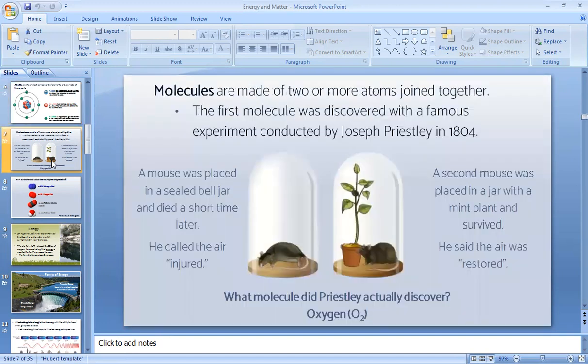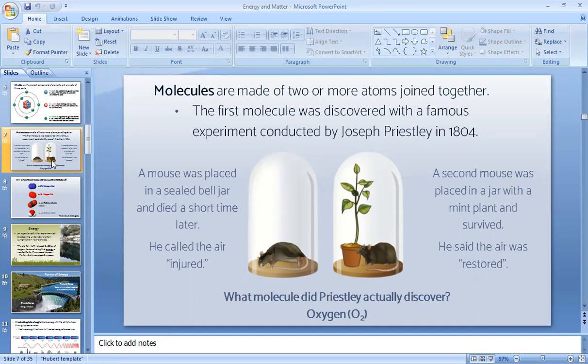Then there are molecules. Molecules are made of two or more atoms joined together. The first molecules were discovered with a famous experiment conducted by Joseph Priestley in 1804.